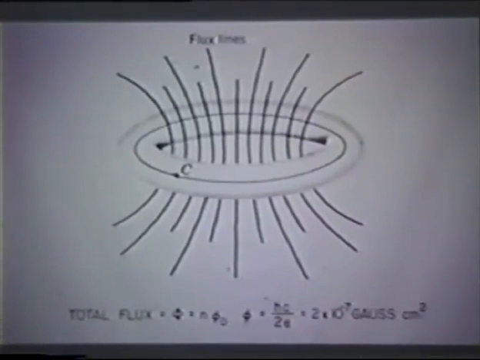But it's the fact that you can't change this large number, 10 to the 15, by 1, which makes the persistent current flow. It's costly in energy to change it by 1 unit, so even changing it by 1 unit in 10 to 15 is enough to prevent the decay of the supercurrent.